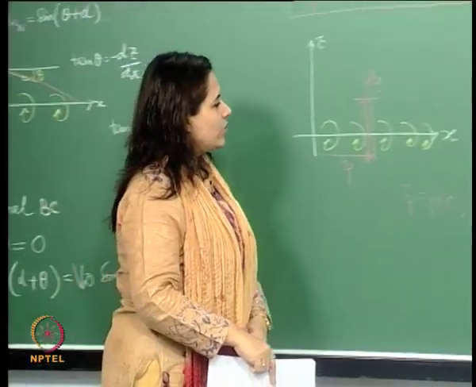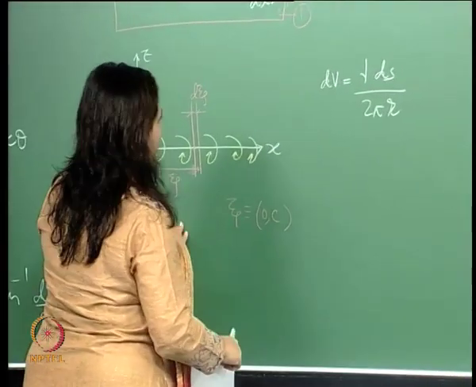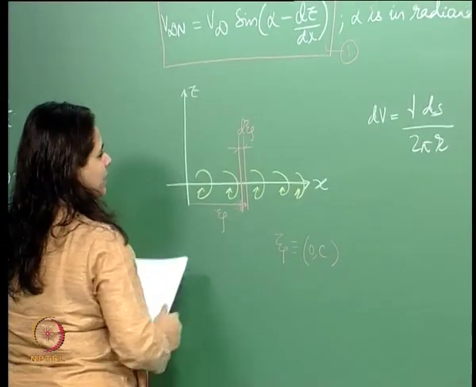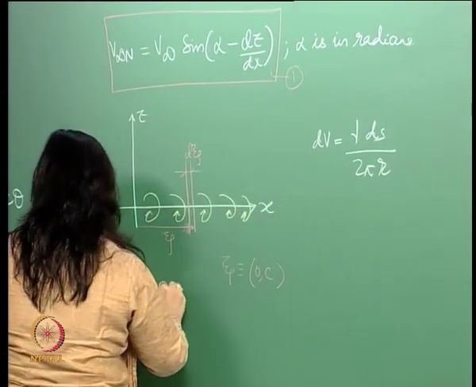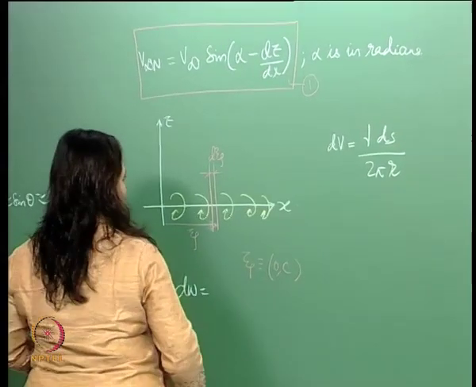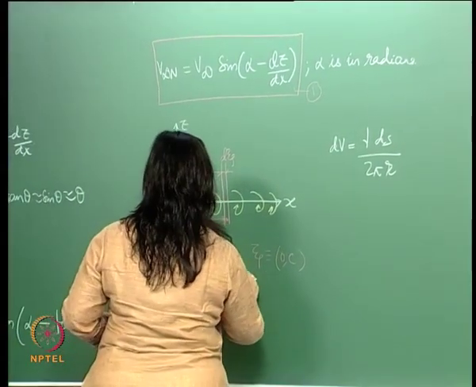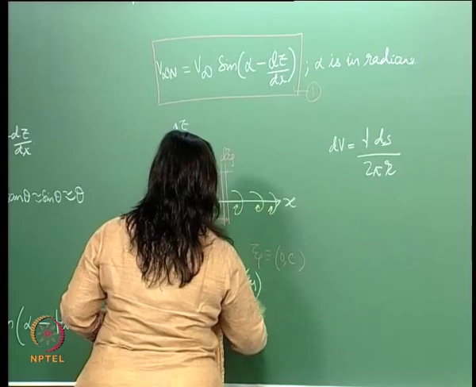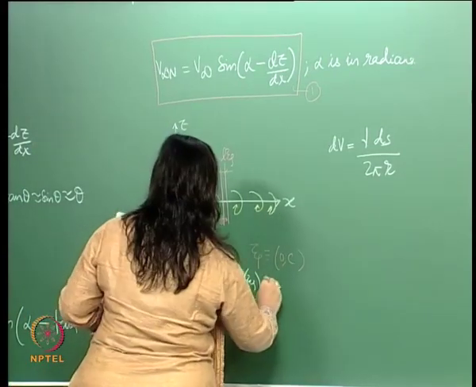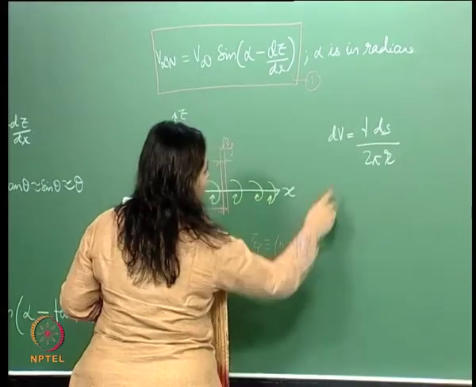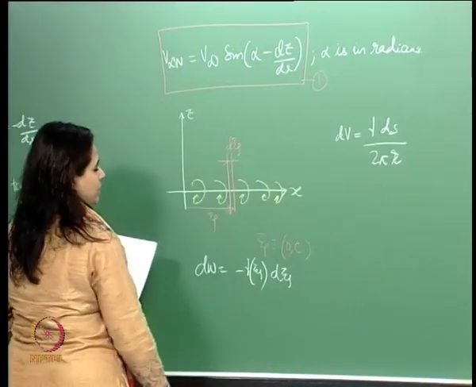In this particular case, the gamma is distributed over this, z into dc, going by this expression here.